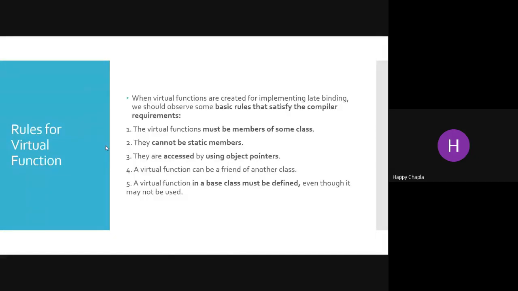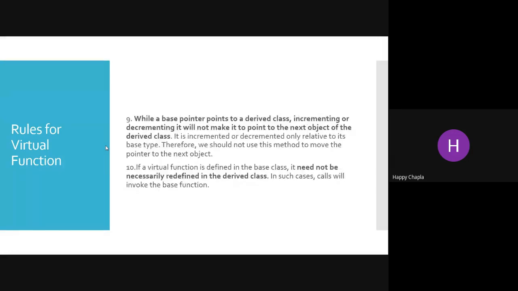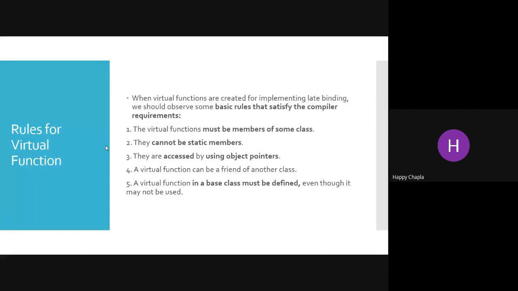These are the rules whenever you are trying to use the virtual function. We have 10 basic rules. They cannot be a static member, must be a member of a class, accessed by using the object pointers. Yes, a virtual function must be a member of some class.